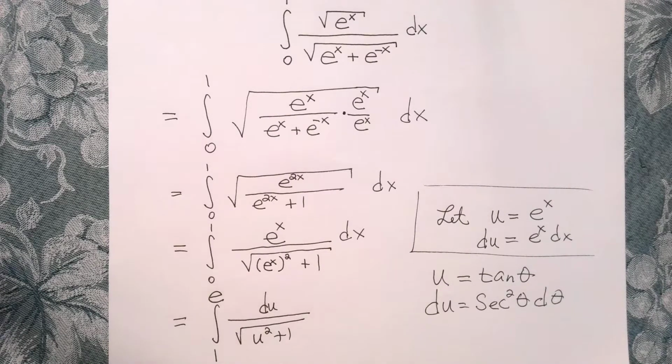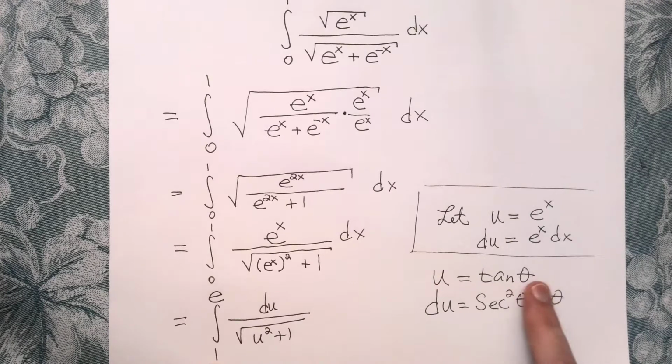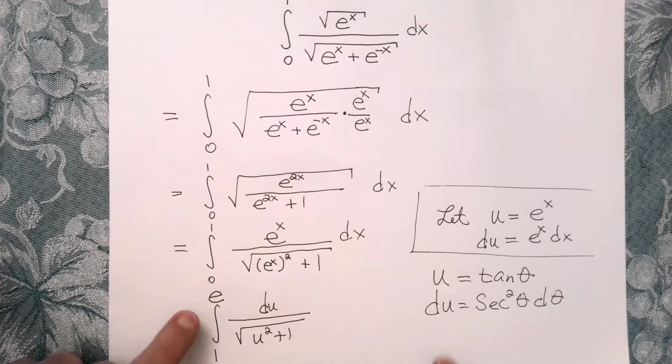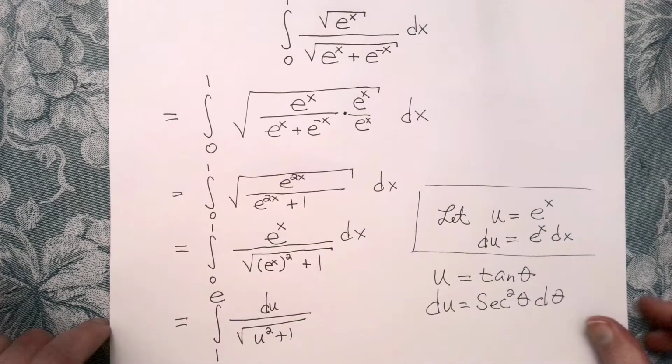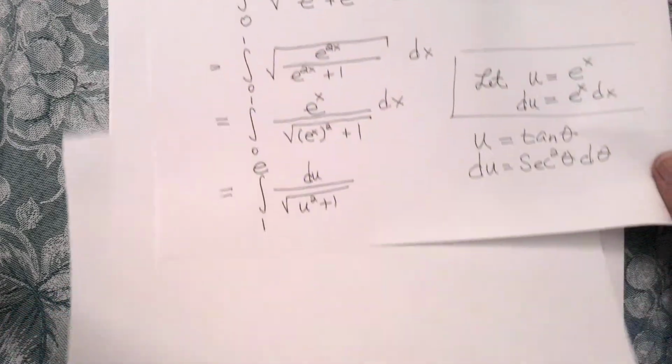Okay, so let's see here. For the new bounds, if u is equal to 1, then tangent of theta is 1. That implies that theta must be pi over 4. And if u is equal to e, then theta must be the inverse tangent of e. So let's go ahead and note that.